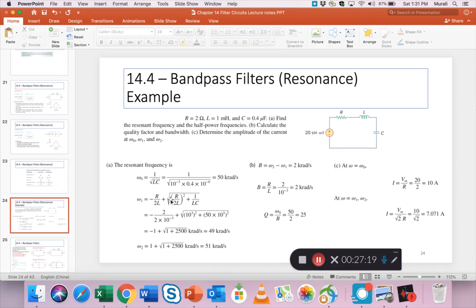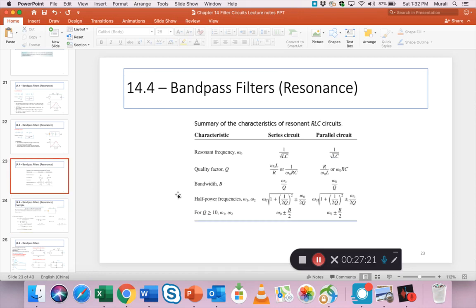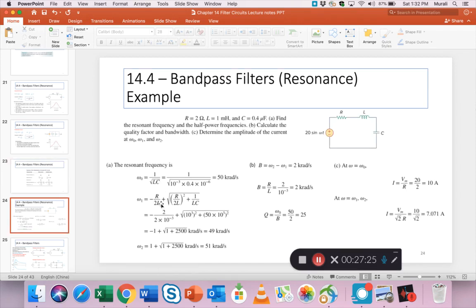For omega 1, see this formula, it's different from what he just gave on the previous slide. I like this more, it's easier. Directly you can plug in the R, L and C. So you come up with omega 1, omega 2 as 49K, 51K. So this is a narrow band. The mid frequency is 50, and the other two frequencies are 49 and 51.